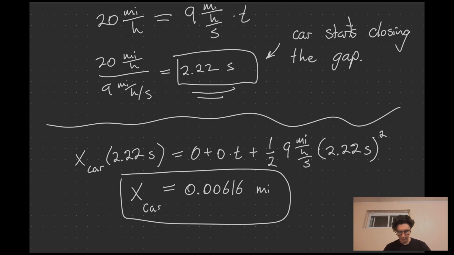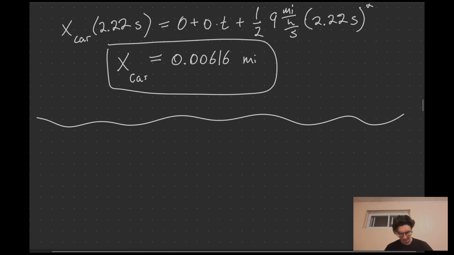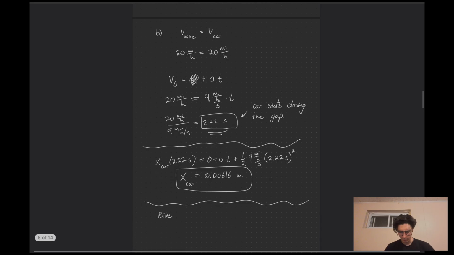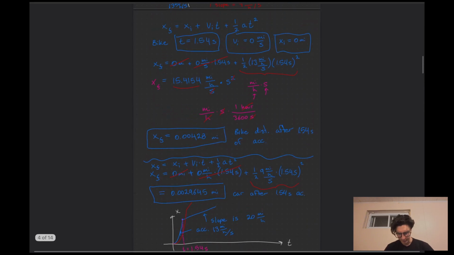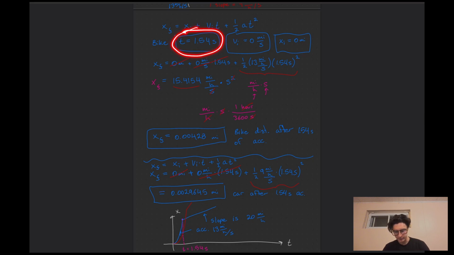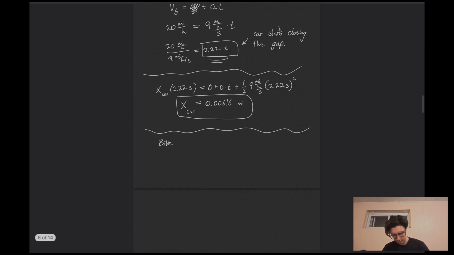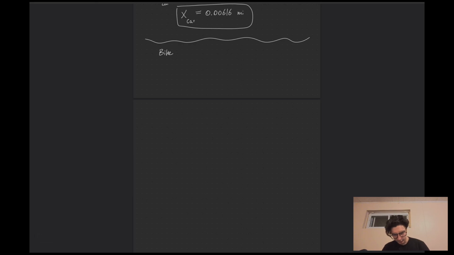Now if we find the position of the bike at this location in time, we already saw the position that the bike will be at after it has finished accelerating. After 1.54 seconds, the bike has finished accelerating and has reached this position. So I'm just going to copy this position right here and put that right over here.